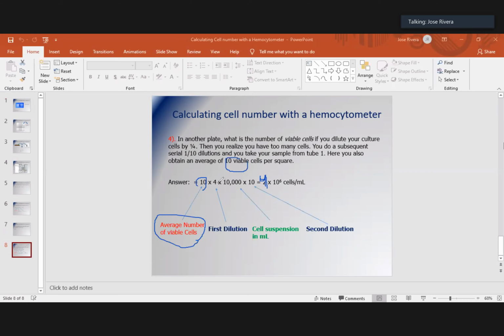Then times the first dilution, which is 4, which is 1/4. The second dilution is over here, 1/10, which is right here. And then you take into account the amount that you put in the slide. So this is 10 times 10,000. This is how you do it.